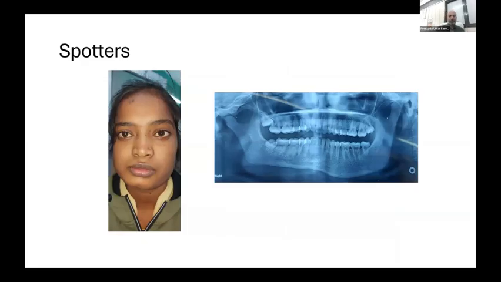Yeah. So if team 2 can describe this case, then. So this patient has an obvious facial asymmetry with the midline deviated to the right side, sir, along with chin deviation also present on the right side. The facial height seems reduced on the right side compared to the left side, sir.